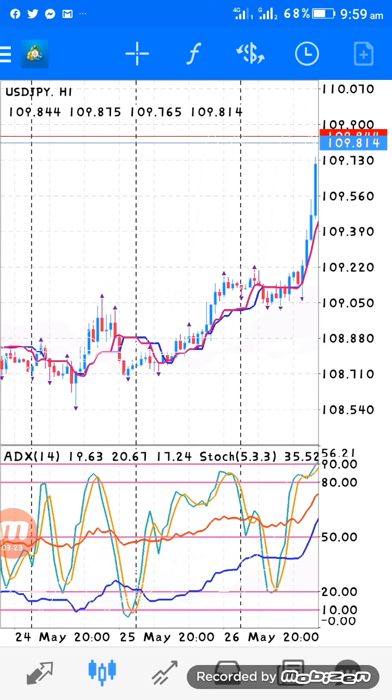And how do you get this buy setup? By following your stochastic. You understand? When the stochastic has come below 50, that's what you'll be looking for to place a buy.